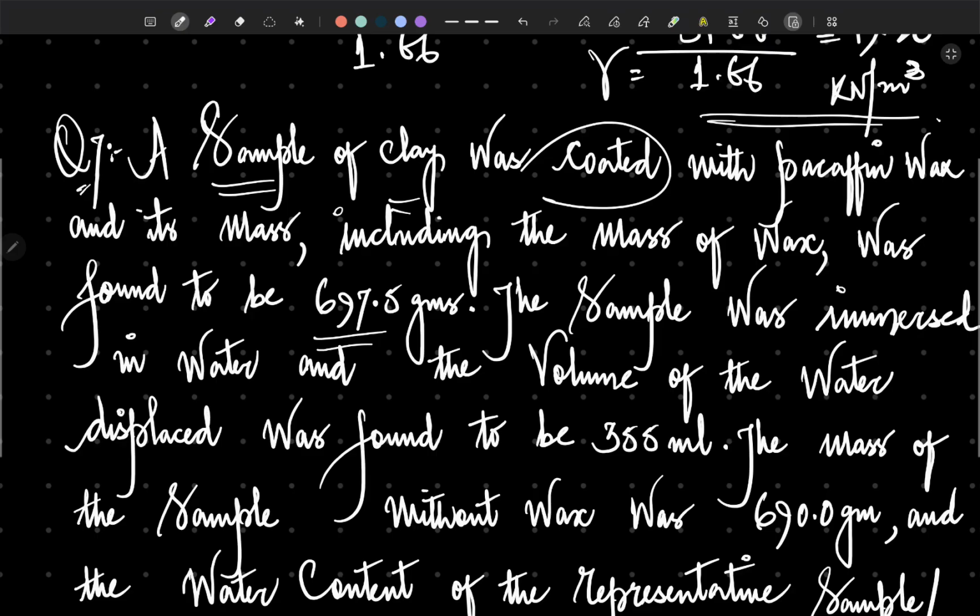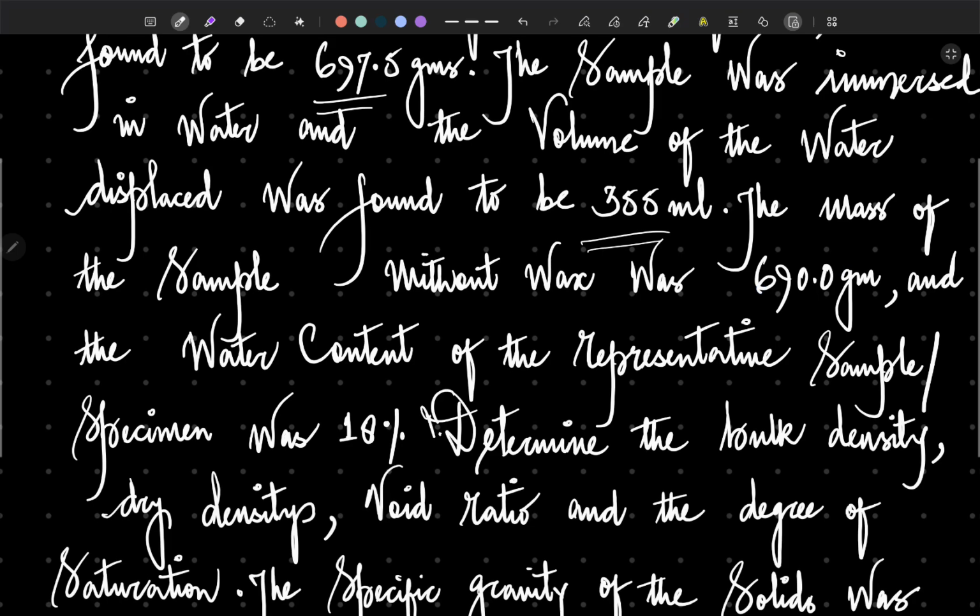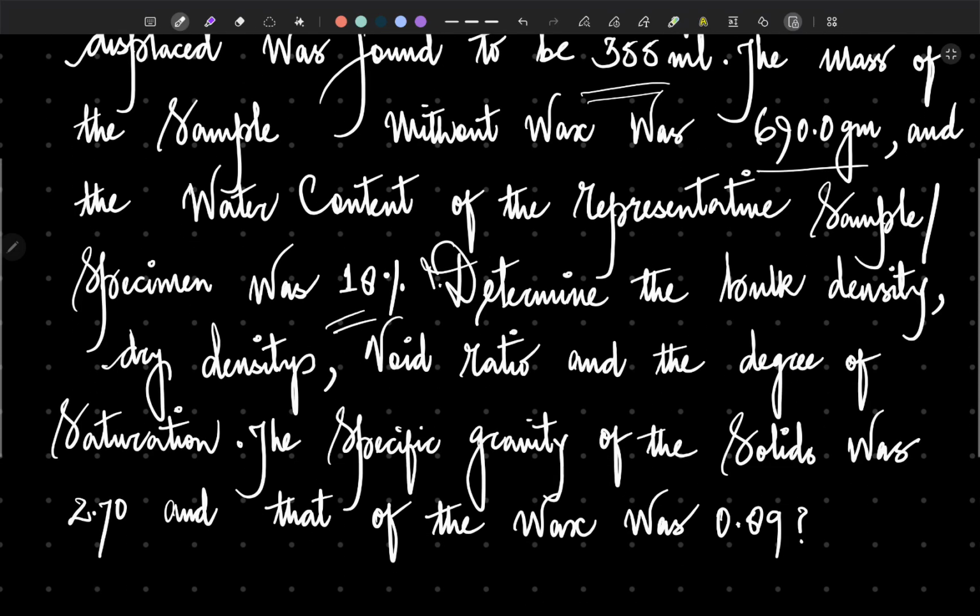The sample was immersed in water and the volume of the water displaced was found to be 355 milliliters. The mass of the sample without wax was this, and the water content of the representative specimen was 18%. Determine the bulk density, dry density, void ratio, and degree of saturation. The specific gravity of solids was this, and the specific gravity of the wax was 0.89.